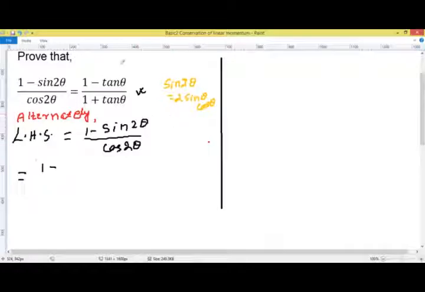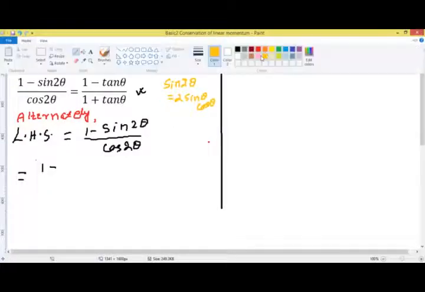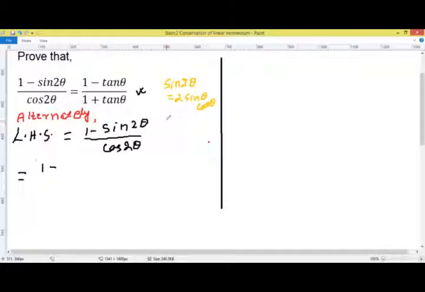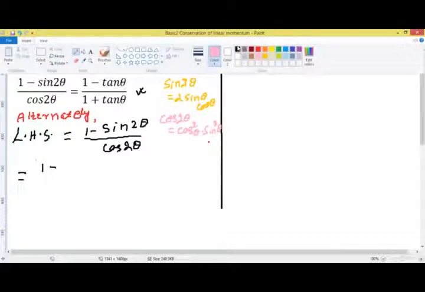And if you talk about, for example, cosine in terms of sine, cos 2 theta equals either 1 minus or whatever you see. In general you know that this is cos square theta minus sine square theta, and later on we will see how it is going to be used here.